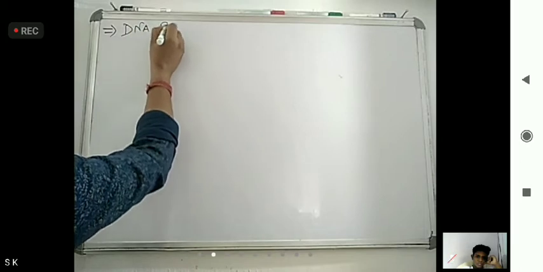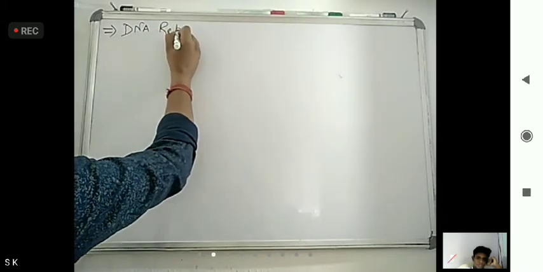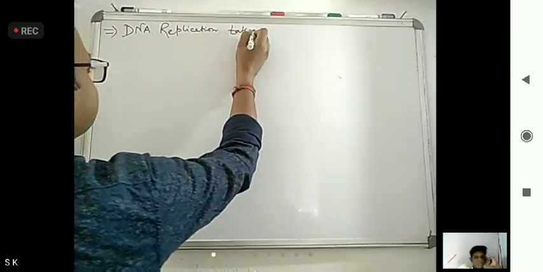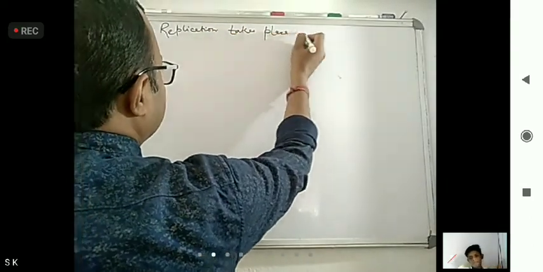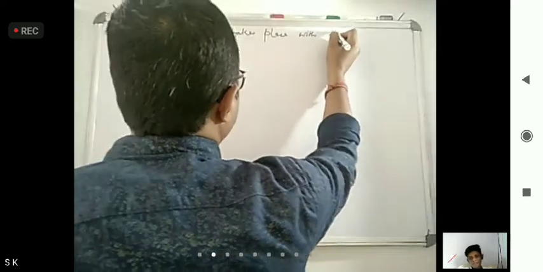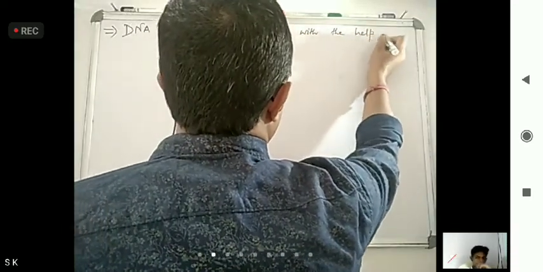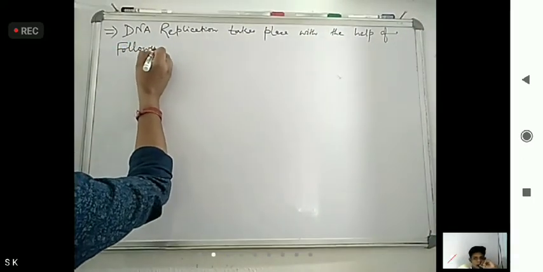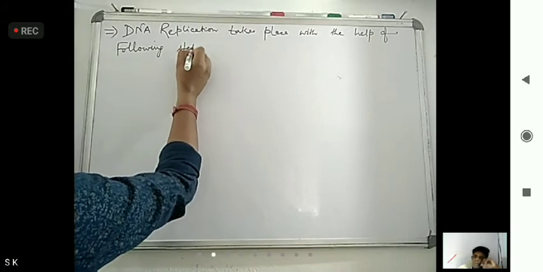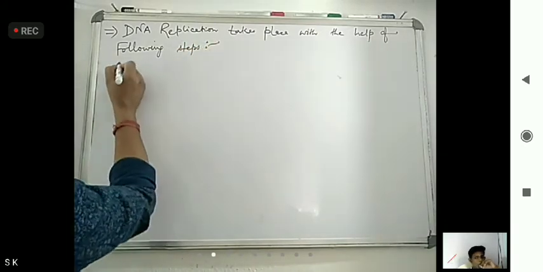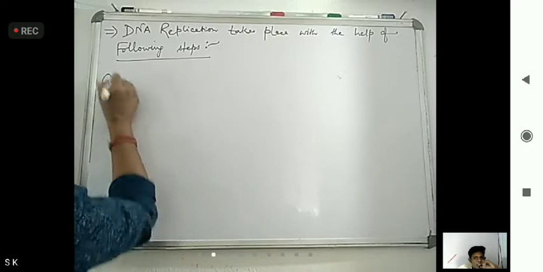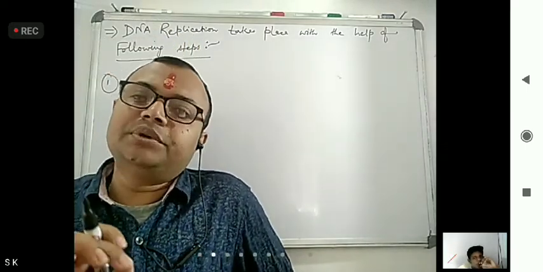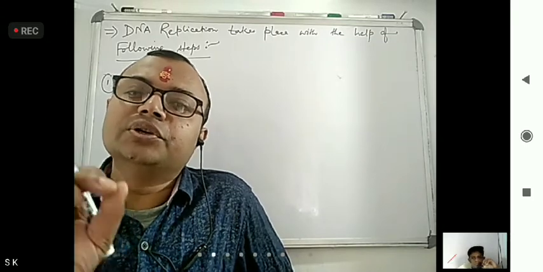DNA replication takes place with the help of the following steps. Okay, now what are the steps? So the first step is activation of deoxyribonucleotides.